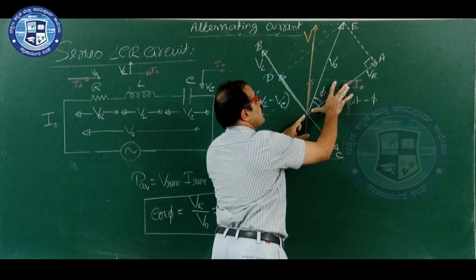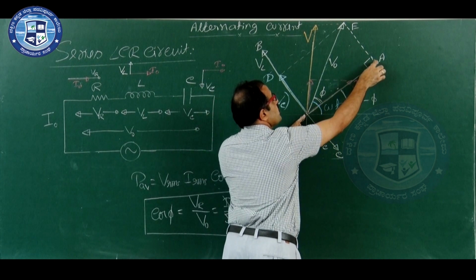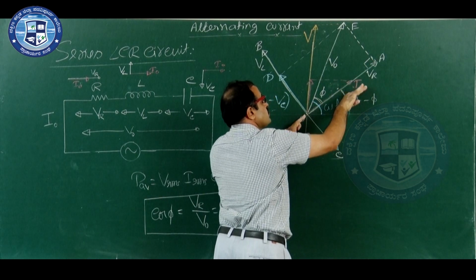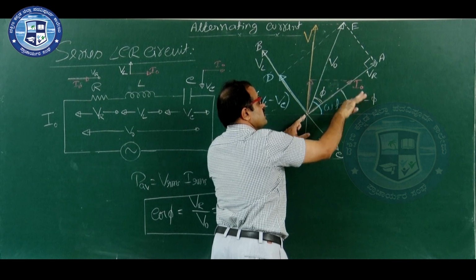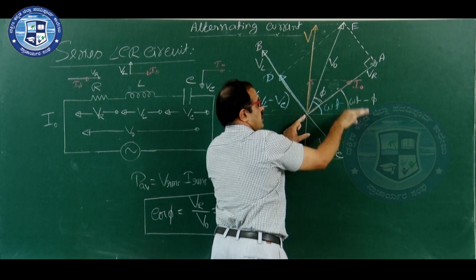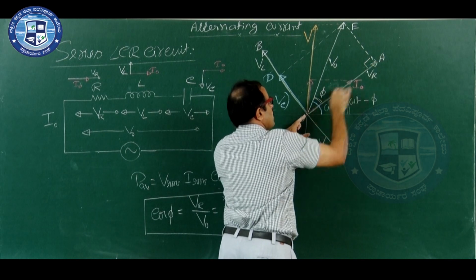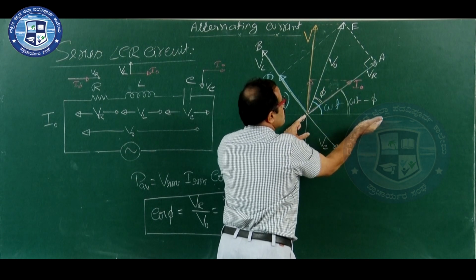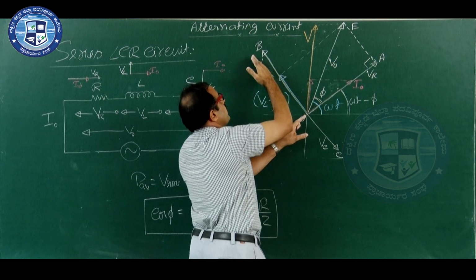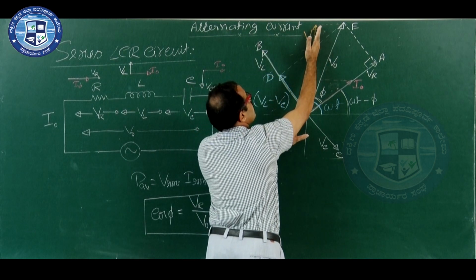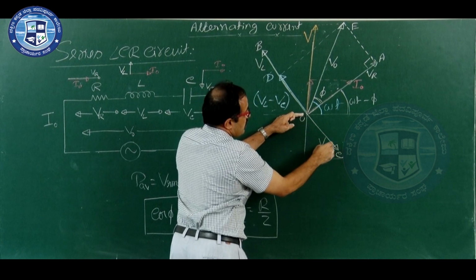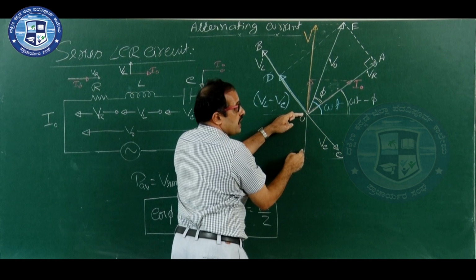This is I naught and this is the peak voltage across the resistor. You bring both of them back to the x axis, meaning OA is coinciding with the x axis. When OA coincides with the x axis, what about OB? It is along the positive y axis. And what about OC? It is along the negative y axis.